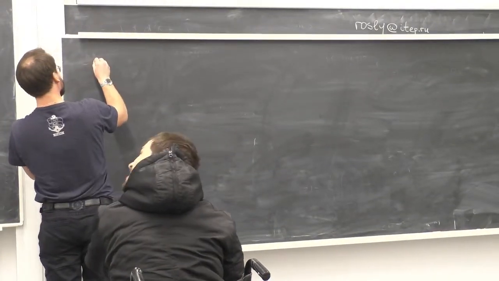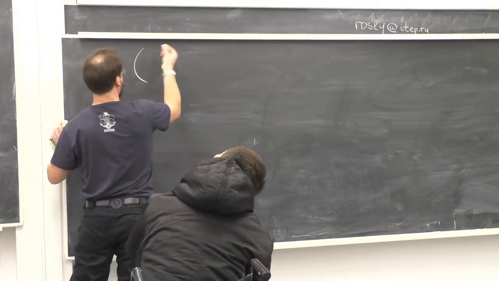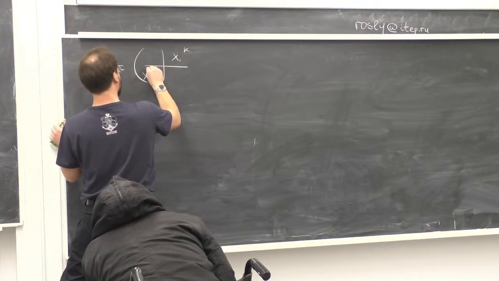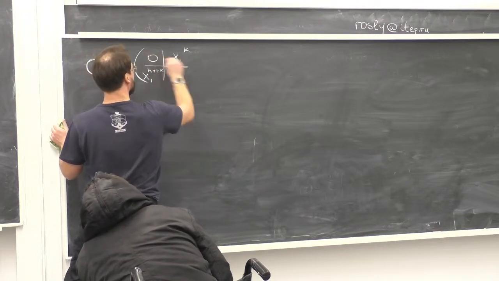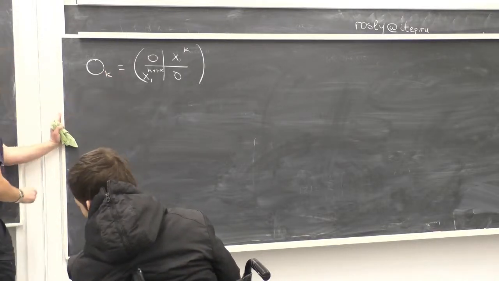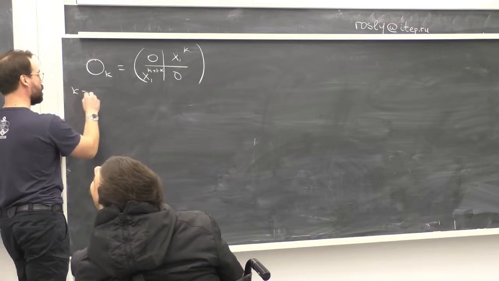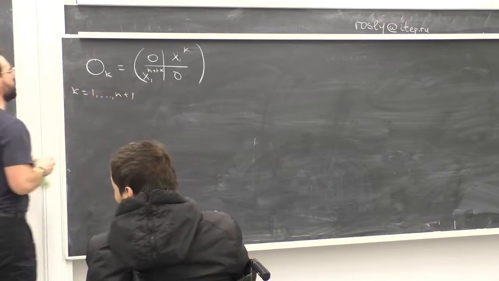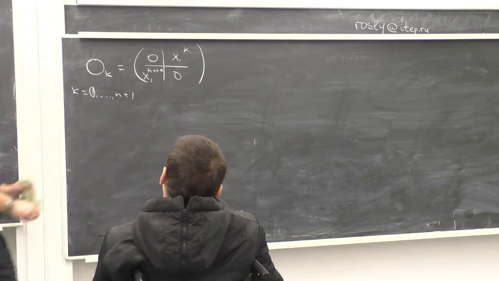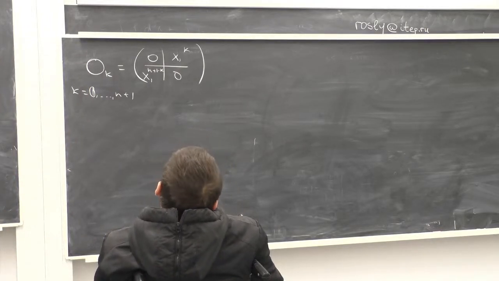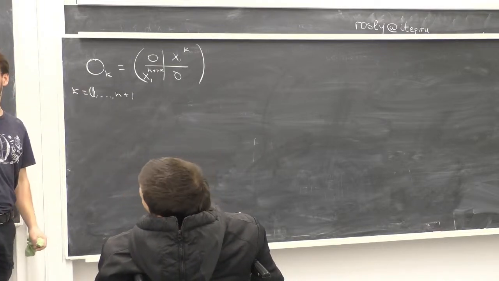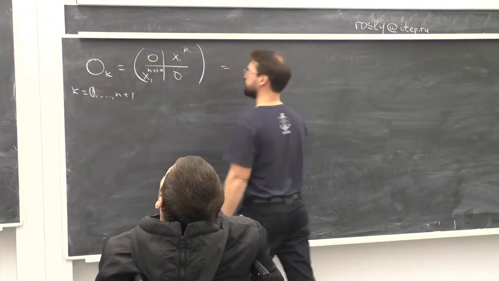So you can build up the objects that will be 2 by 2 matrices: x1 to the power k, x1 to the power n plus 1 minus k, with k from 0 to n plus 1, and obviously the square of it.